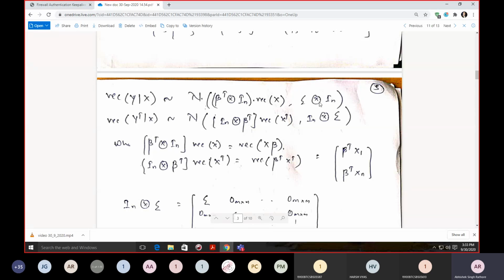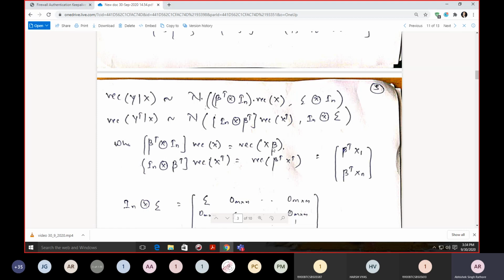So again we are having a Kronecker matrix. Again, by simplifying you can say that I'm just going from this Kronecker product. Fine. Similarly, y transpose x follows a normal distribution with mean vector beta transpose x transpose, because this is transpose, so we are just reversing the direction.